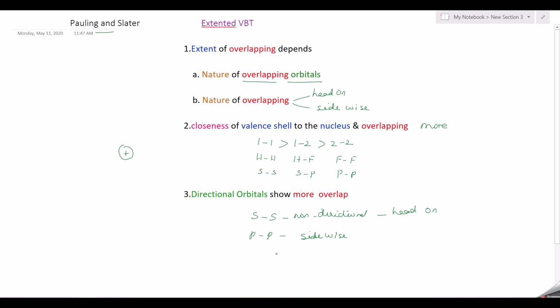So the overlapping for ss is less compared to sp, then comes pp, because the pp orbitals will undergo both head-on as well as sideways overlapping. The others undergo only head-on overlapping. So based on the directional nature, more or less overlapping is there. This is given by Pauling and Slater under the extended valence bond theory.